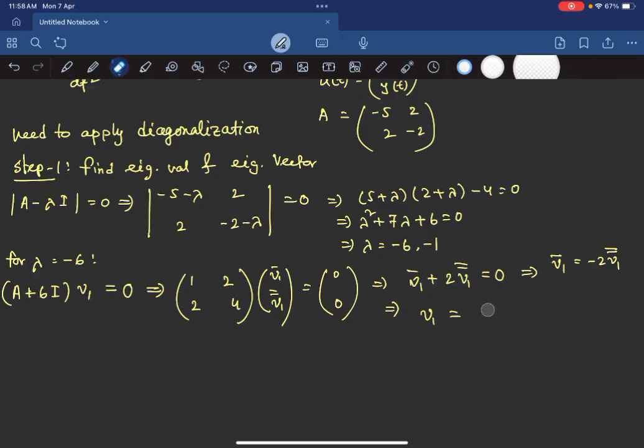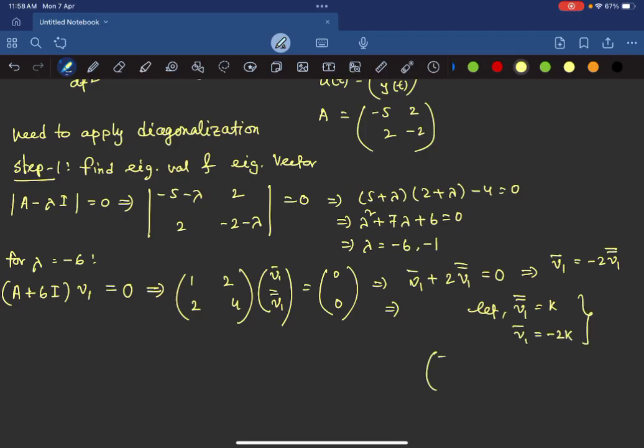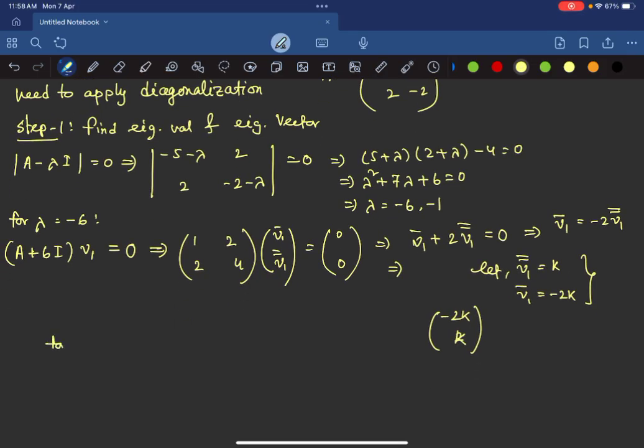See what I am trying to say here. Let v1 double bar be k, a non-zero scalar. So immediately v1 bar will be minus 2k. As per this setup, (minus 2k, k) will be the eigenvector. If you put k equal to 1, you get (minus 2, 1). So you can say this is v1, (minus 2, 1).